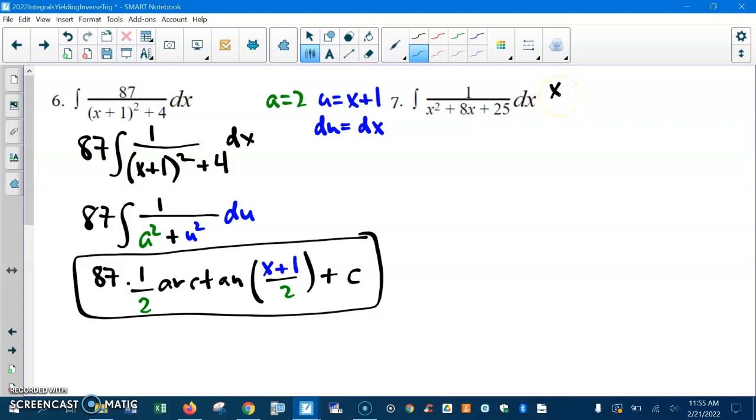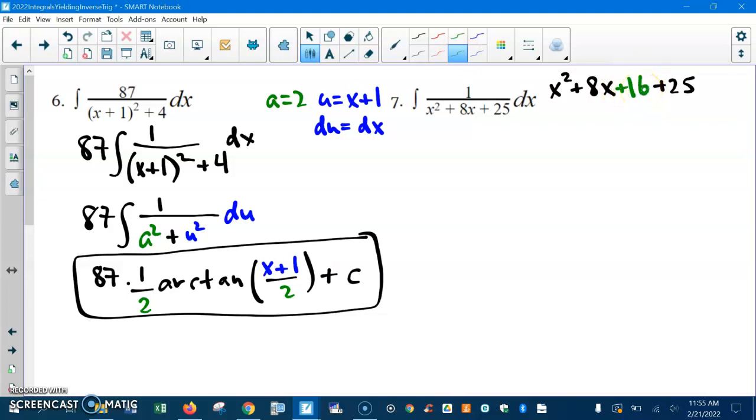So I'm going to pull the denominator just out of the integral and write it separately. So I'm going to write the 25 off to the side. Now to complete the square, I'm going to take my middle term being 8. I split it in half. I get 4, square that 4, and I get 16. So I'm going to add 16.